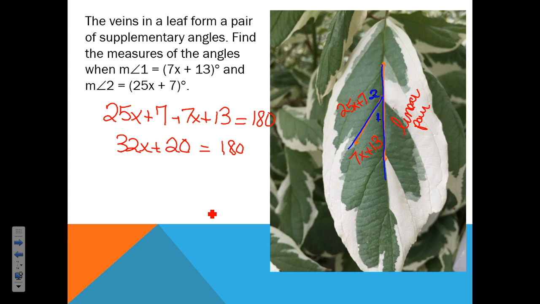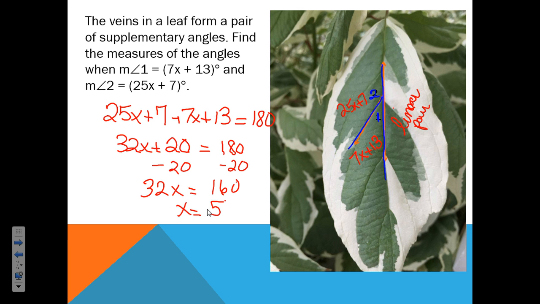Their non-common sides are opposite rays, right? It's a linear pair. They add up to 180. Therefore, if we're solving this, take away the 20. And 32x is 160. So what's x? 5. Are we done? No, awesome.